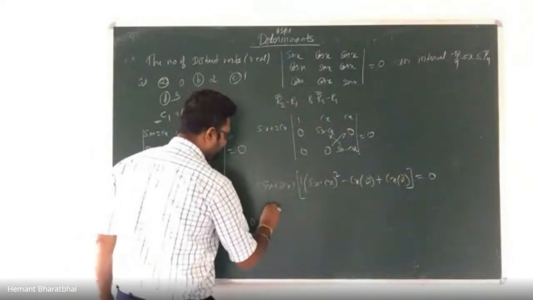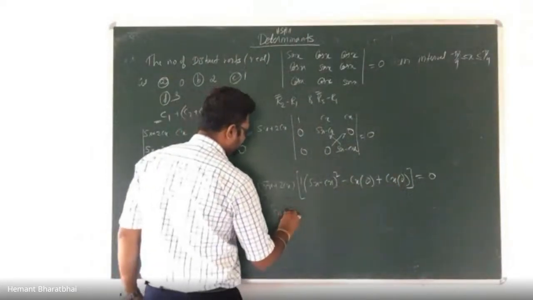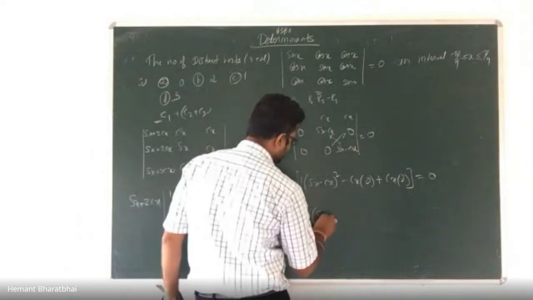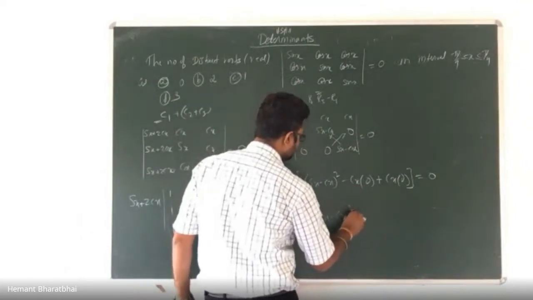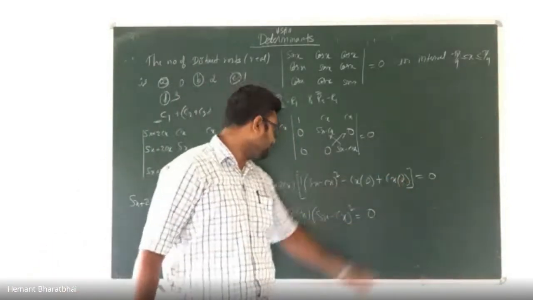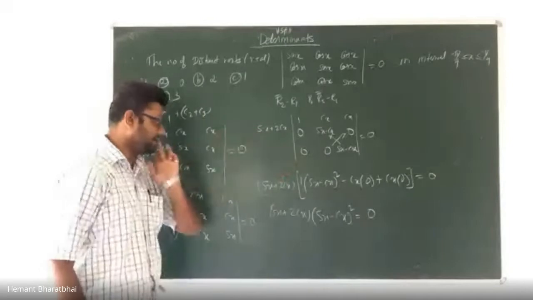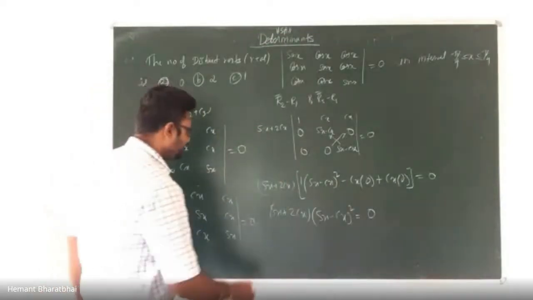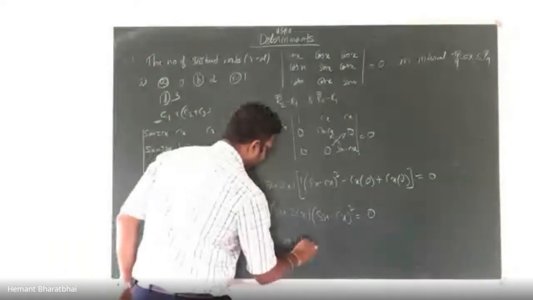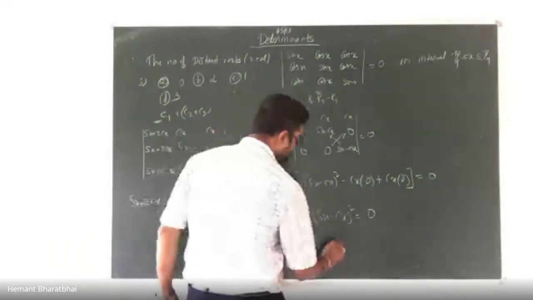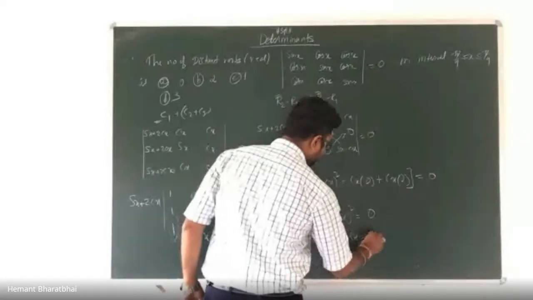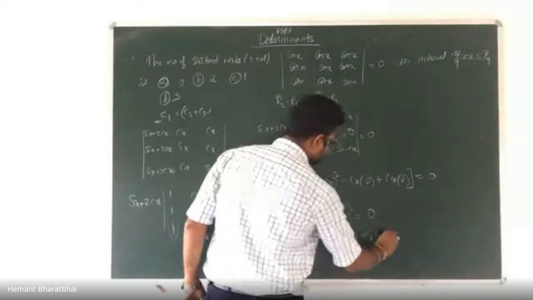So I am getting (sin x plus 2 cos x) into (sin x minus cos x) the whole square is equal to 0, because these two have already become 0 and this is in multiplication. So now I can write, therefore, sin x plus 2 cos x is equal to 0, or sin x minus cos x the whole square is equal to 0.